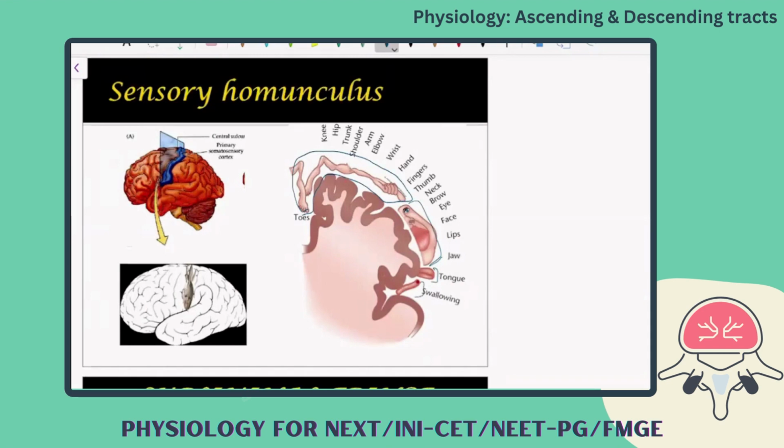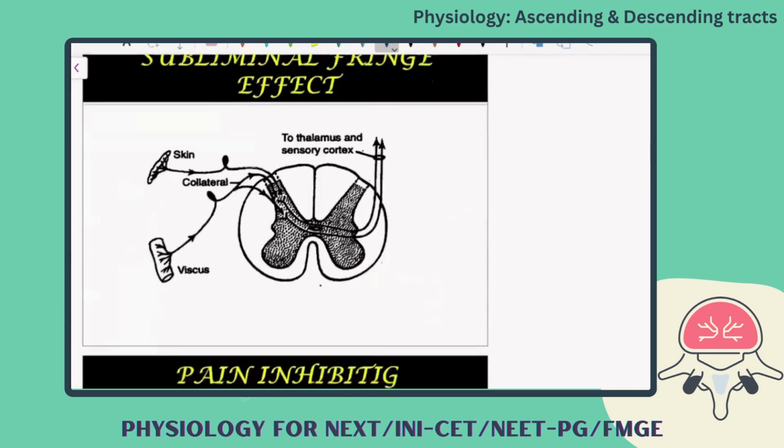So the big region of the cortical sensation, the sensory homunculus, is occupied by the upper limbs and the lower limbs. That is why when a person gets a stroke, a cerebrovascular accident, immediately there is paralysis in the limbs with respect to the side. Okay, so that is because of this sensory homunculus arrangement.